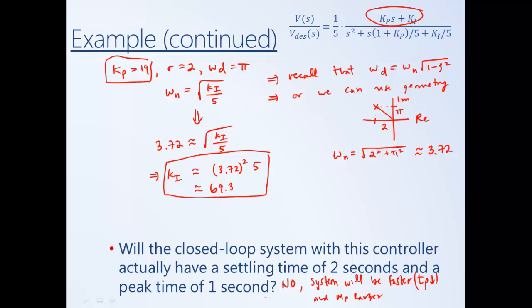So we may not be precisely sure whether the settling time will be larger or smaller than 2 seconds. That being said, if we did apply these gains and look at the results, we can go back to the analysis we did a few slides ago and use those trends to help us tune Ki and Kp. How would we change them to make TP larger, to make MP smaller, etc.?